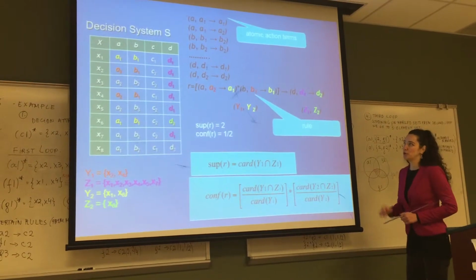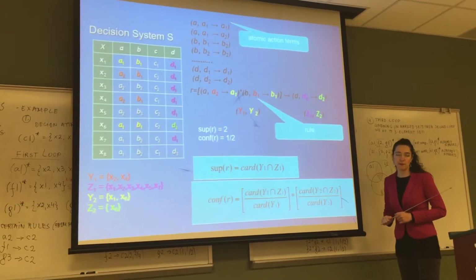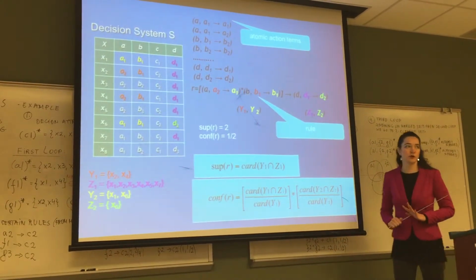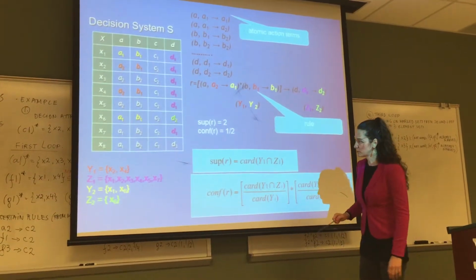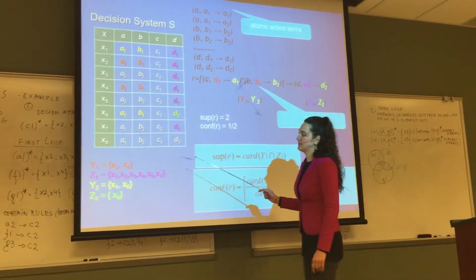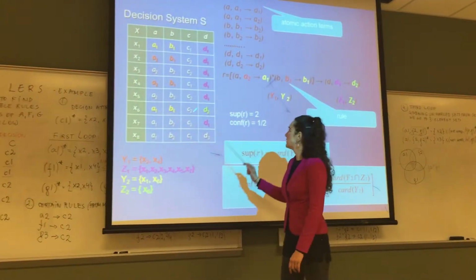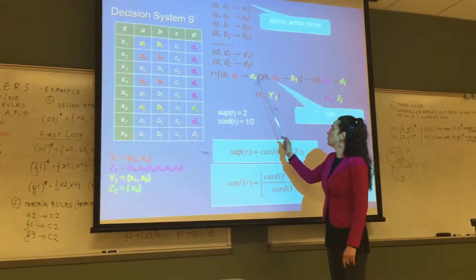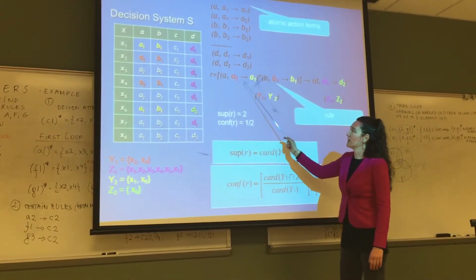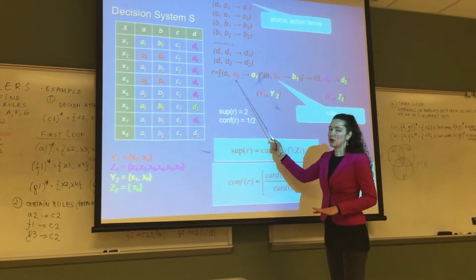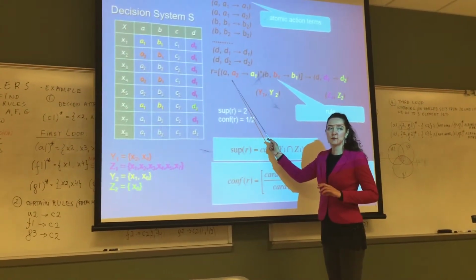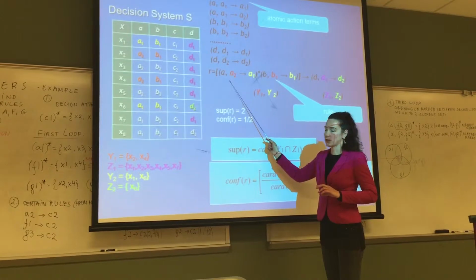In order to compute support and confidence for this type of rule, we need to use 4 different sets. The first set, called Y1, is the one in red color. It's the one on the left side, which means these are the current values of these objects.